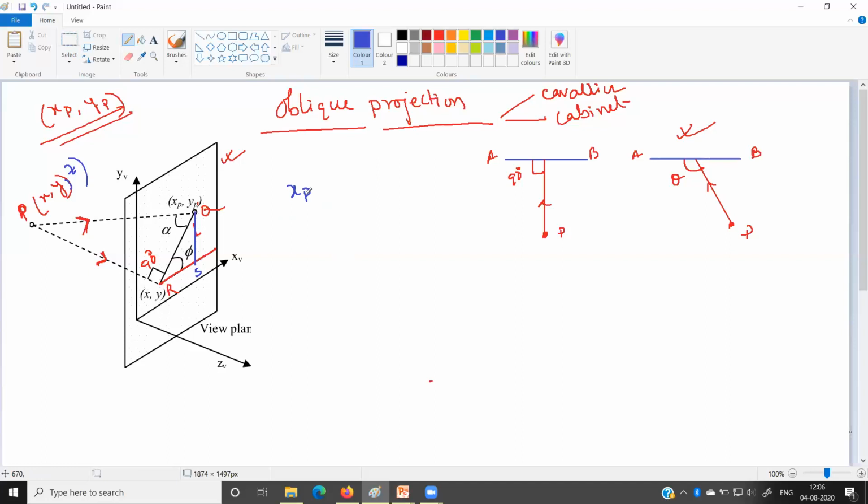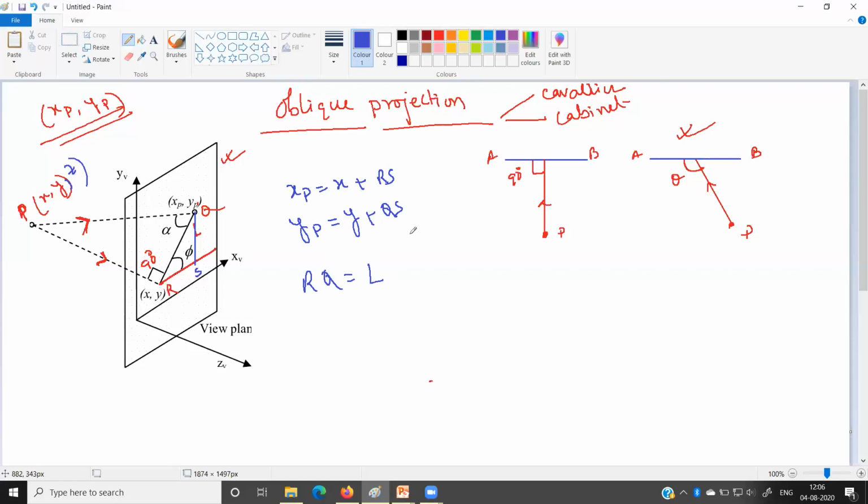My XP will be X plus the length RS. Similarly, YP will be Y plus the length QS. So our objective is to find the lengths RS and QS. And we know the distance from R to Q is L.